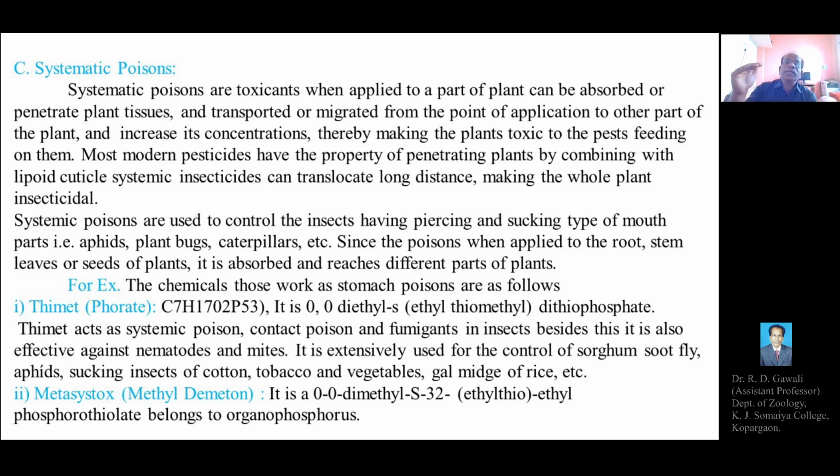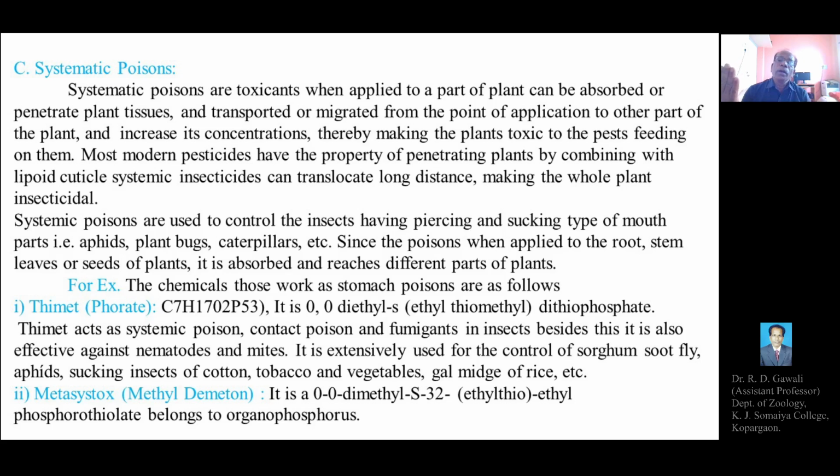So systematic poisons are the category of toxic chemicals or toxicants which, when applied onto the crops or the plants, get absorbed or penetrate into the plant tissue, from where they are transported to the different parts of the crop plants, and the concentration of the systematic poison also increases in the plant. This leads to phytotoxicity.